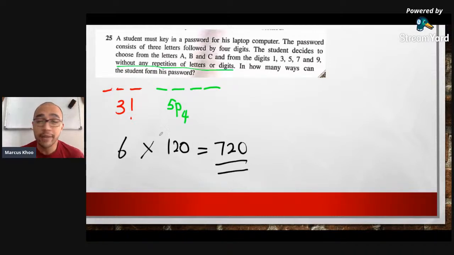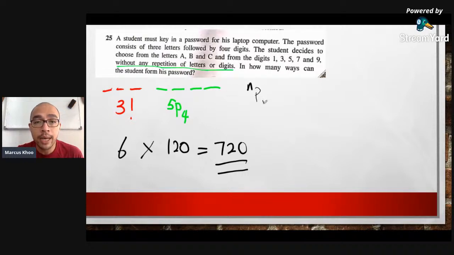So this is kind of like the culmination of everything: the multiplication rule, the factorial, and the permutation. Remember, our multiplication rule applies if there are two or more events that happen successively, one after another. I choose the letter, then I choose the number. We use factorial if you have a certain number of data and you want to choose and arrange all of them.